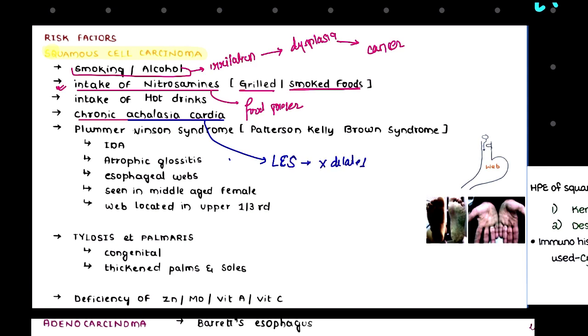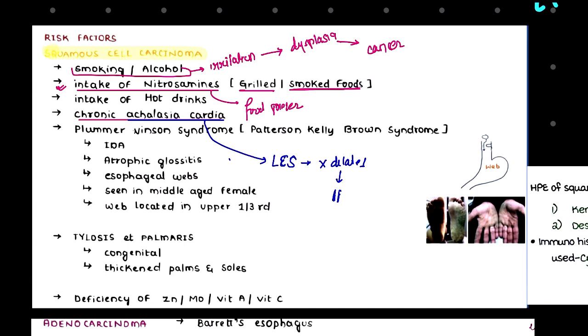As it will not dilate, there will be constriction and no passage of food particles through it, because of which there will be accumulation of food particles. On long standing in the esophagus, these food particles will produce toxic substances that may cause irritation of the esophageal mucosa.